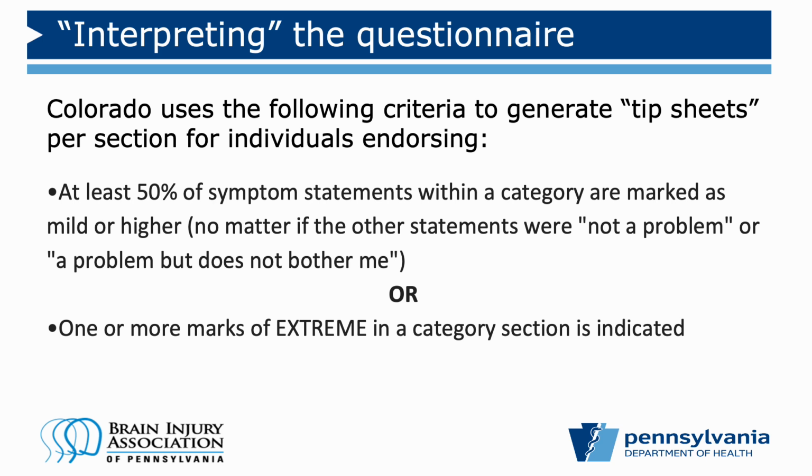Of these 5 criteria, those with symptoms 50% in the mild or higher range, no matter if other statements in that same category were marked as not a problem or a problem but does not bother me, or those that are marked with at least one extreme in a category section indicate the use of a tip sheet.